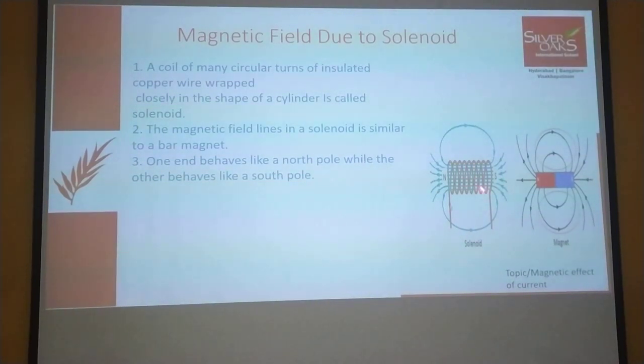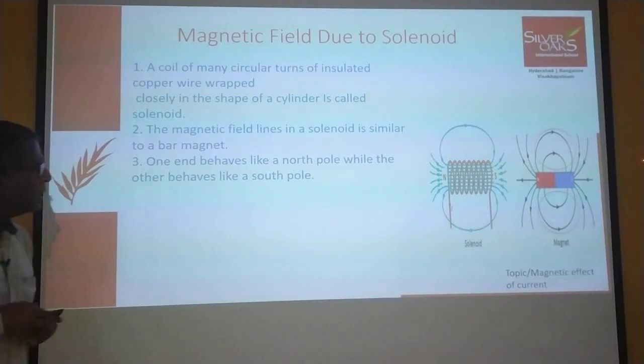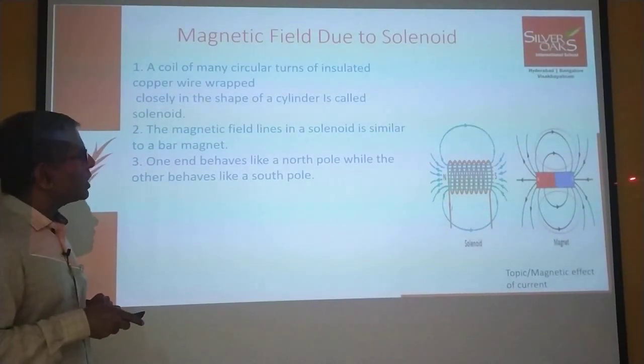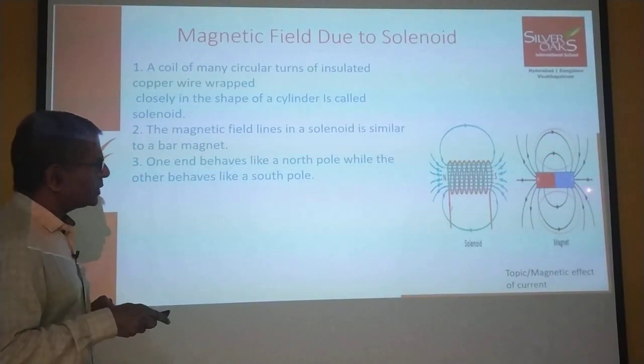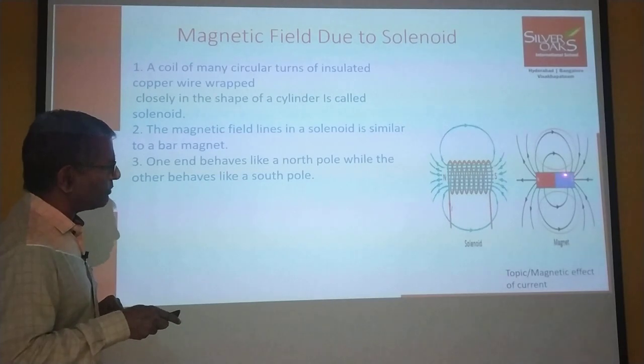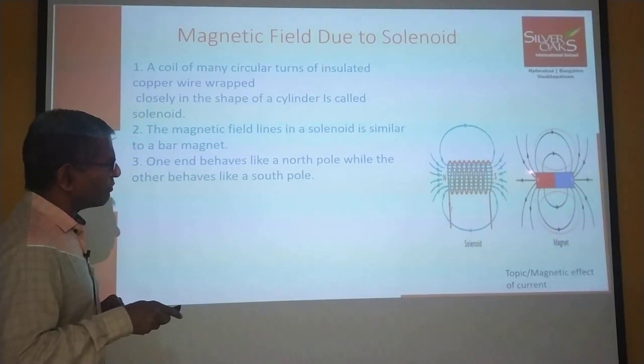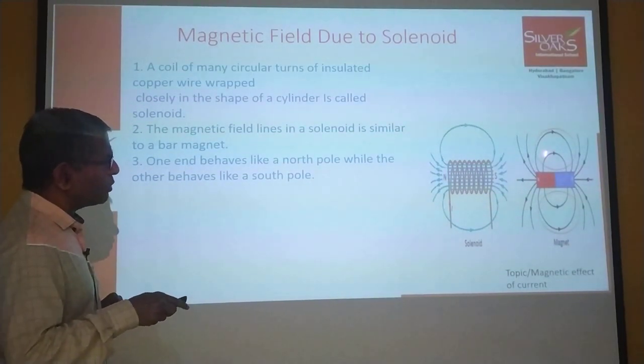Here the solenoid is shown. When the current is passing, you find that the magnetic field lines are like a bar magnet, which I told you. If you see the bar magnet, you have got the north pole and south pole. The magnetic field lines in a bar magnet start inside the bar magnet from south to north. Otherwise, they emerge from the north and merge at the south pole.